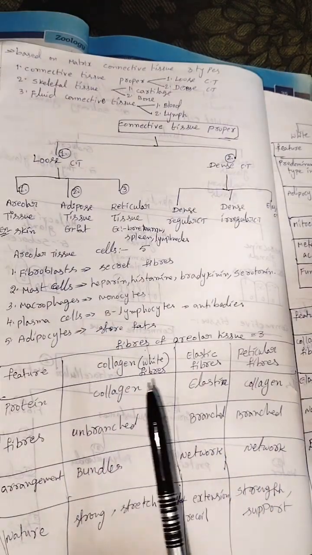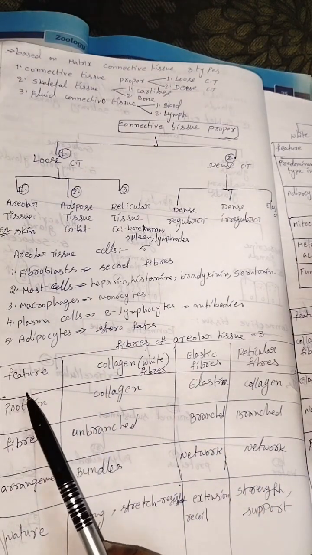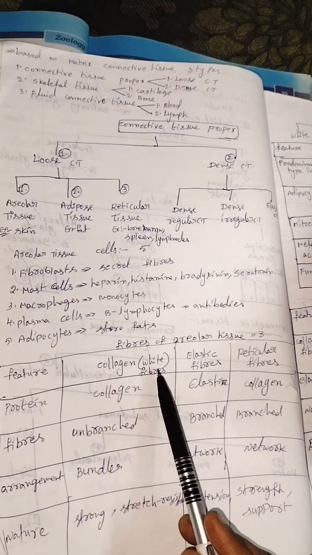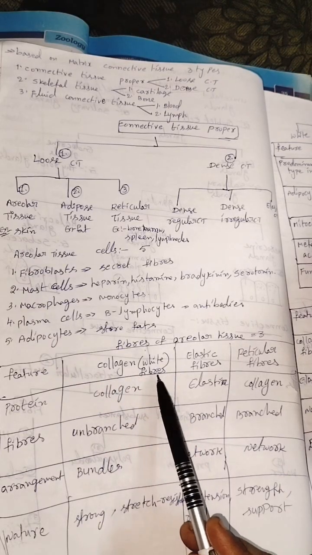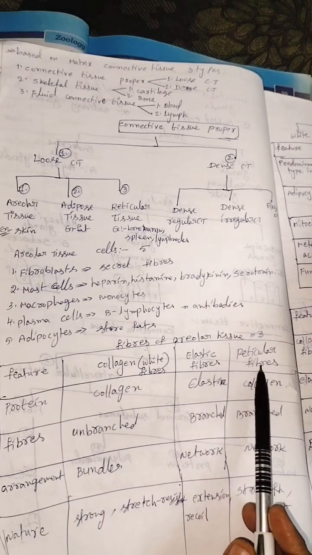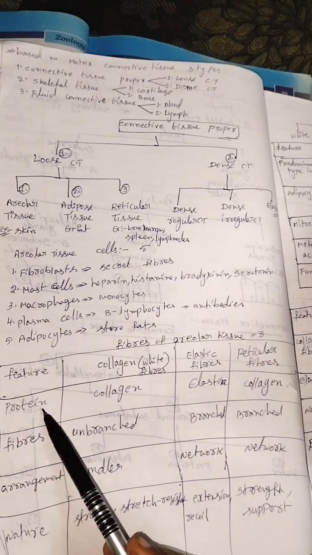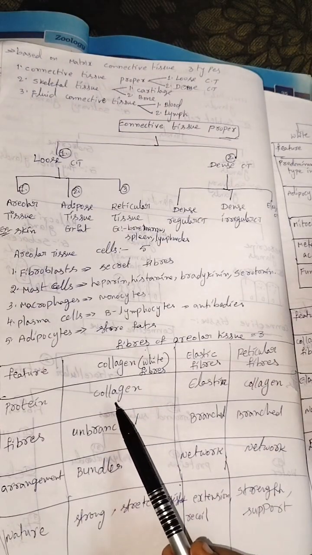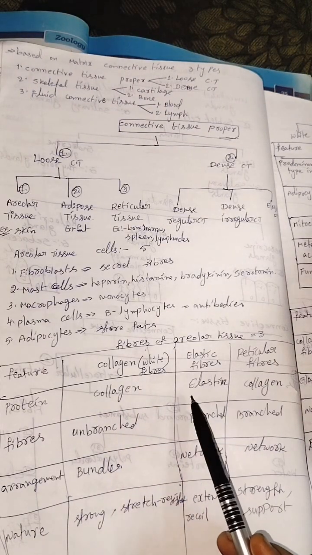Next, the features of the fibers: collagen, which forms white fibers; elastic fibers; reticular fibers. The protein in collagen fibers is collagen.